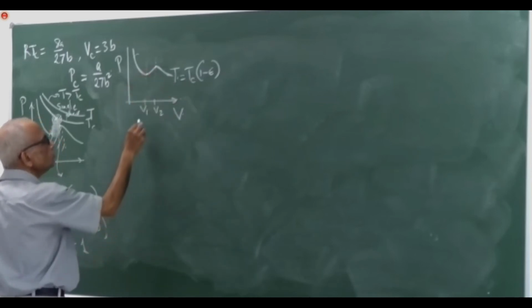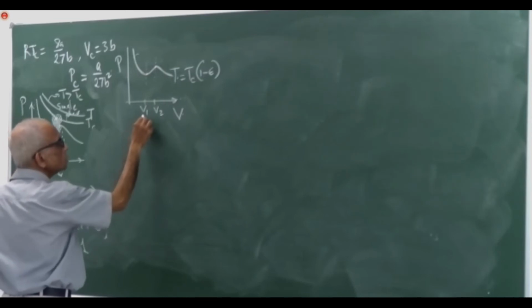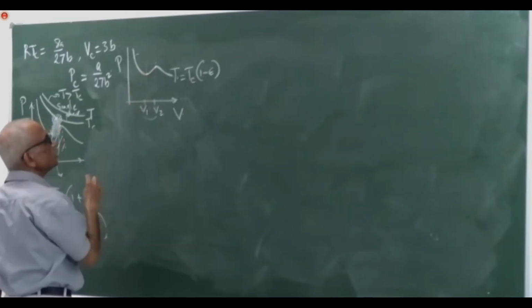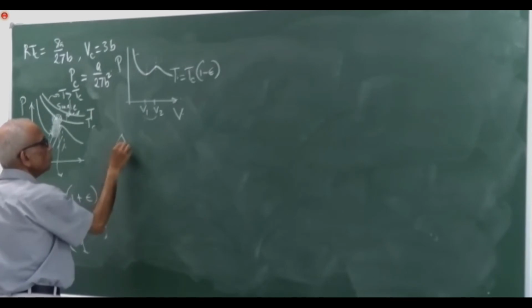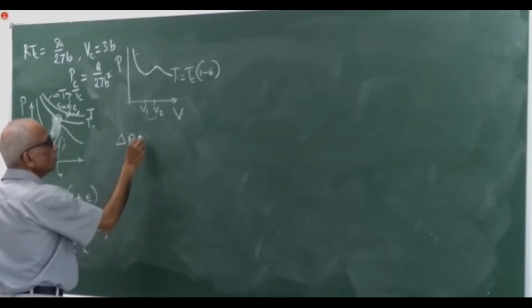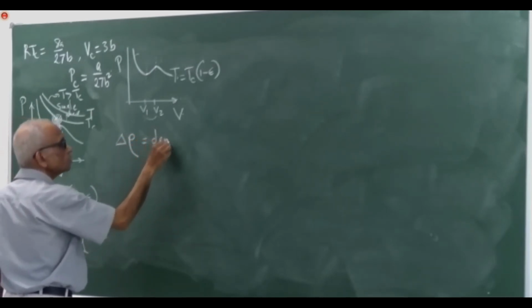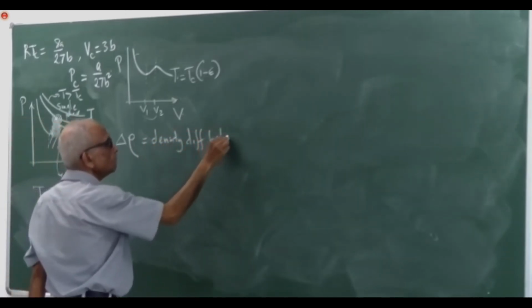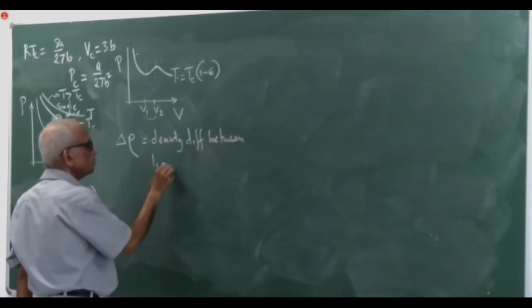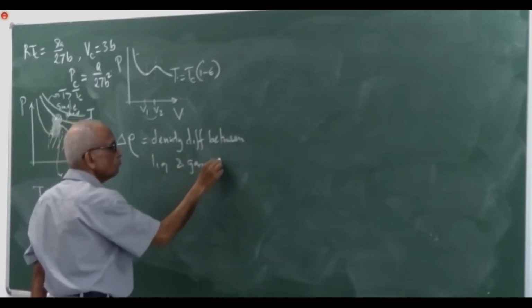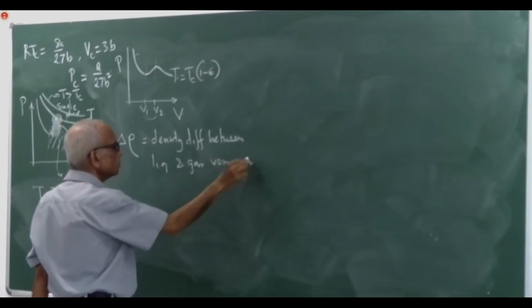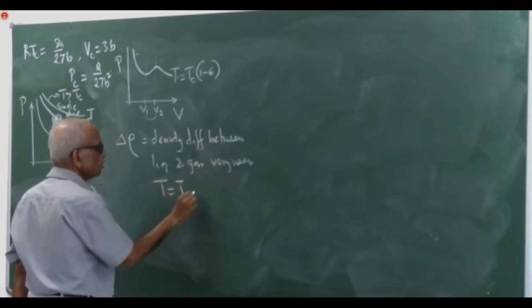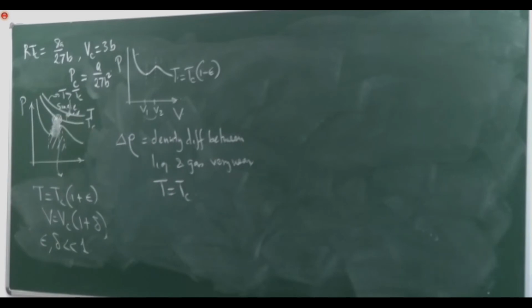And I want to know the delta rho, which is the density difference between liquid and gas very near T equal to Tc. What is the density difference as between the liquid and gas?